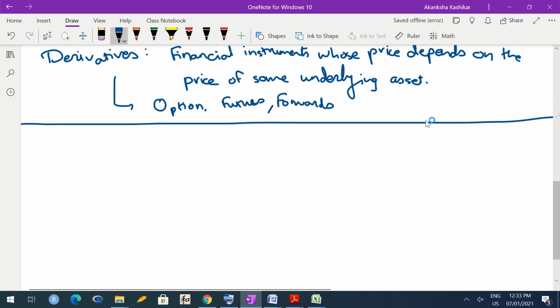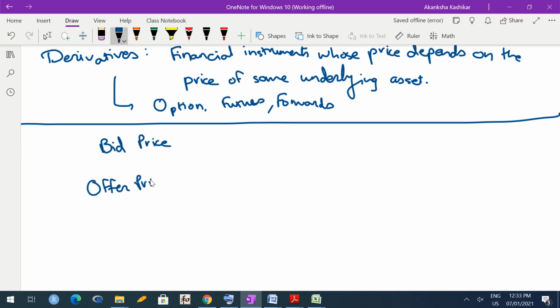Another two terms that we want to introduce is bid price and offer price. So what is a bid price and what is an offer price? These prices are generally quoted by different financial institutions. They are not quoted by individuals. They are quoted by financial institutions like, say, bank. So bid price is the price which the institution is ready to pay for an asset.